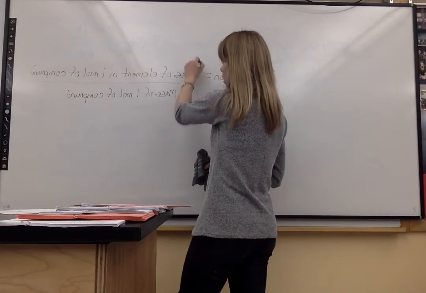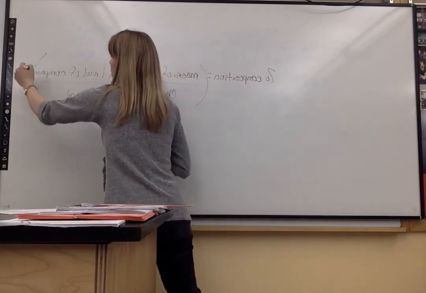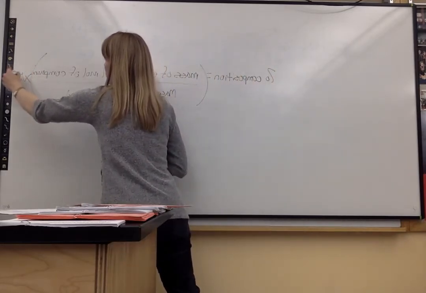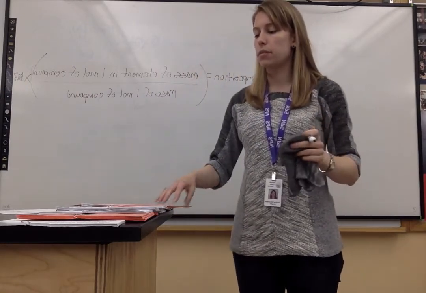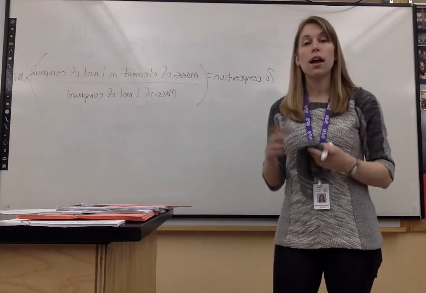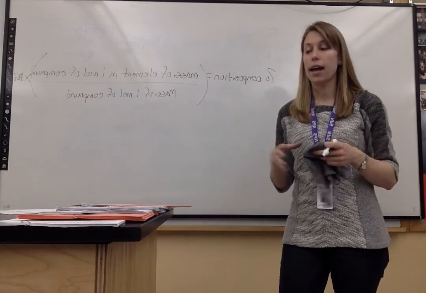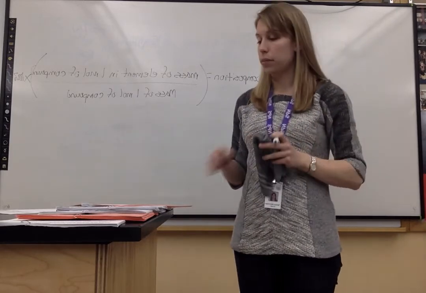Okay, and then I'm running out of room, but all of this times 100%. Sorry to squish that in. So the ratio that you have is the mass of the element in 1 mole of the compound divided by the mass of 1 mole of the compound.